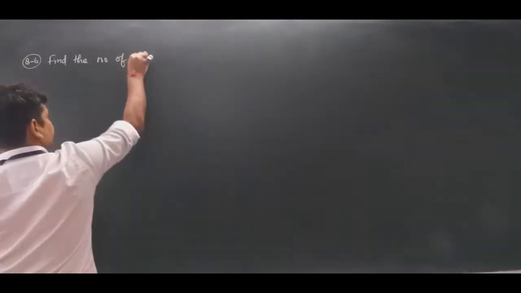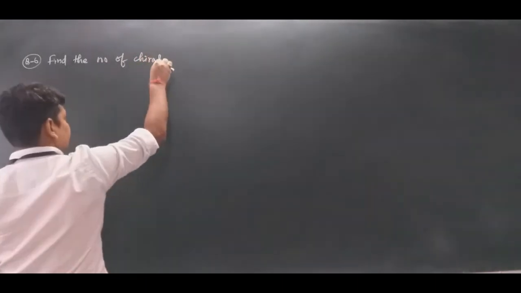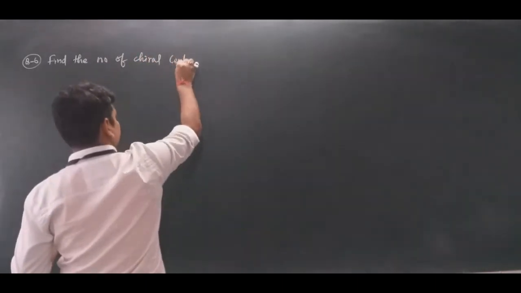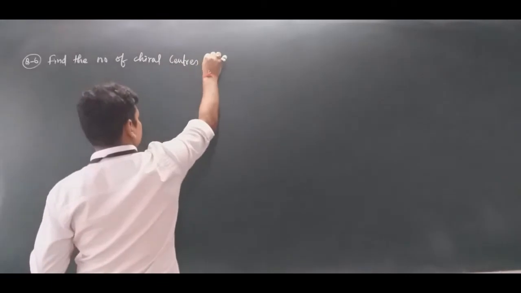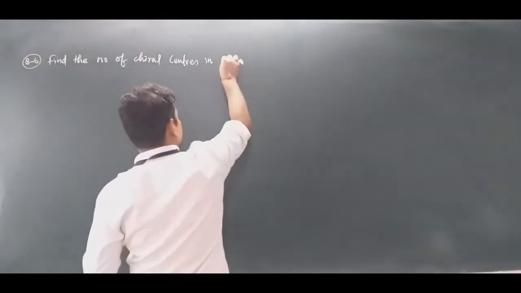The second question is to find the number of chiral centers. Question number 6 perhaps. Find the number of chiral centers in penicillin.